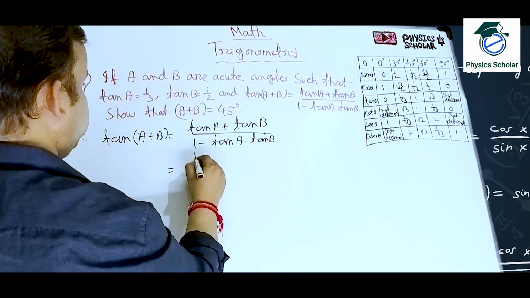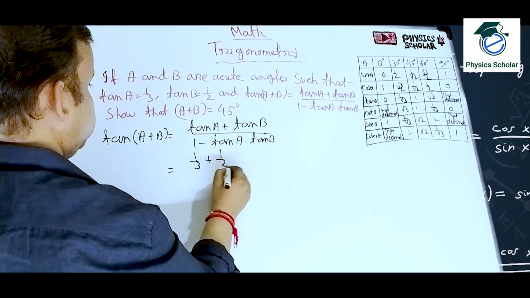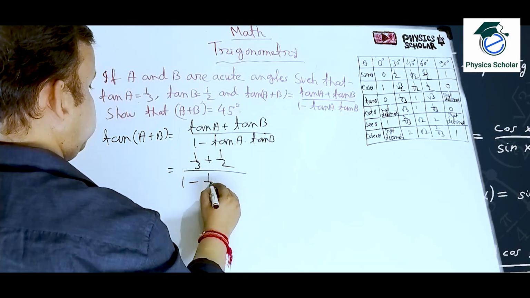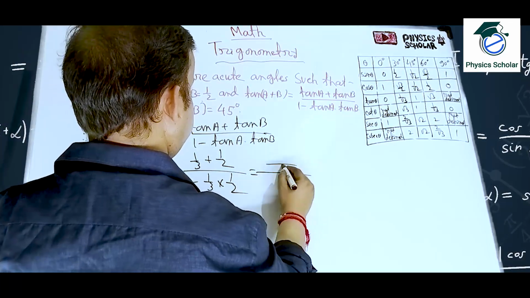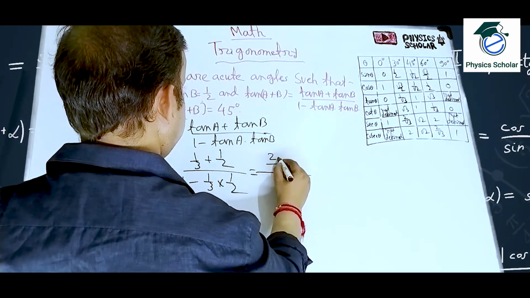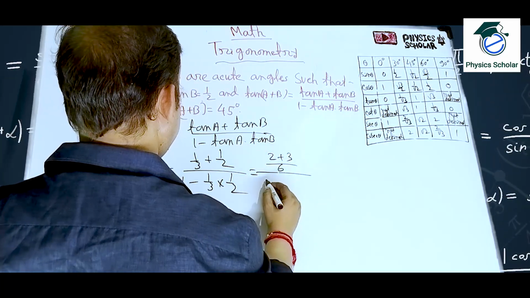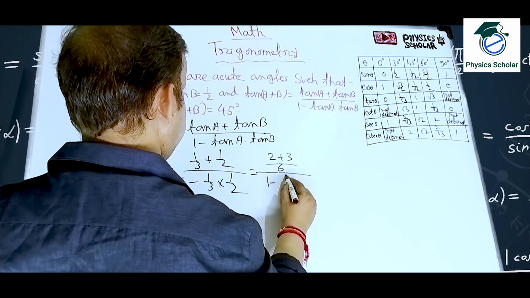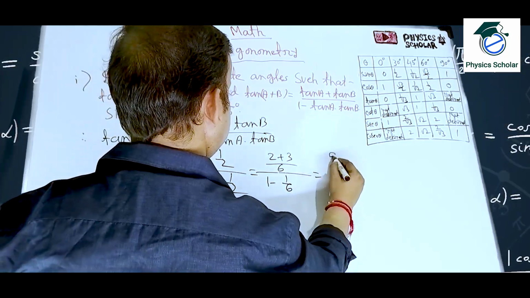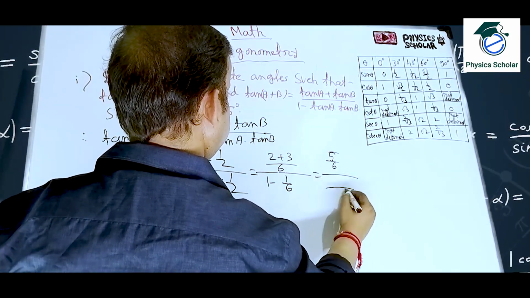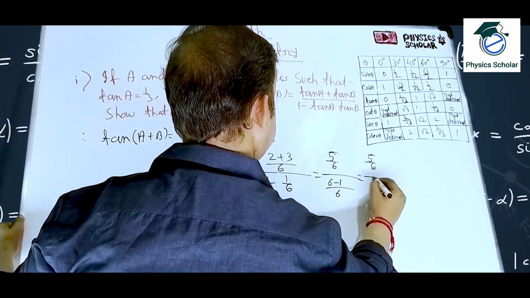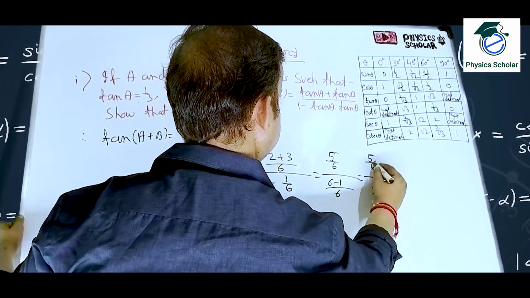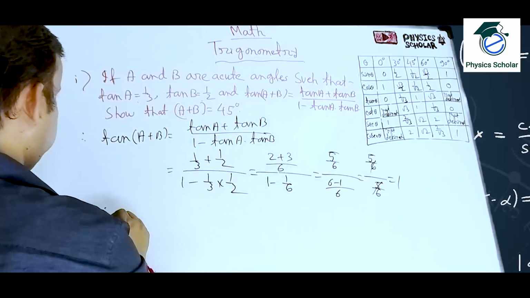It is given: 1/3 plus 1/2 divided by 1 minus 1/3 into 1/2. Clear? So 6 will be the LCM. So it will be 2 plus 3 over 6, and 1 minus 1 by 6 is 6 minus 1 by 6. So 5 by 6 divided by 5 by 6. That means 1.